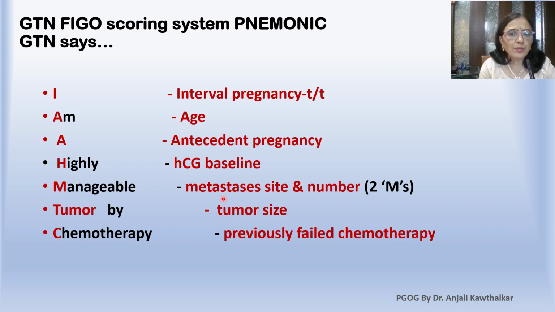There are two M's: metastasis, site of metastasis, number of metastasis, tumor size, and chemotherapy, whether there is a history of previously failed chemotherapy with a single drug or multi-drug chemotherapy. So I think this is a correct statement. Even in practice, we experience that GTN is saying I am a highly manageable tumor by chemotherapy.